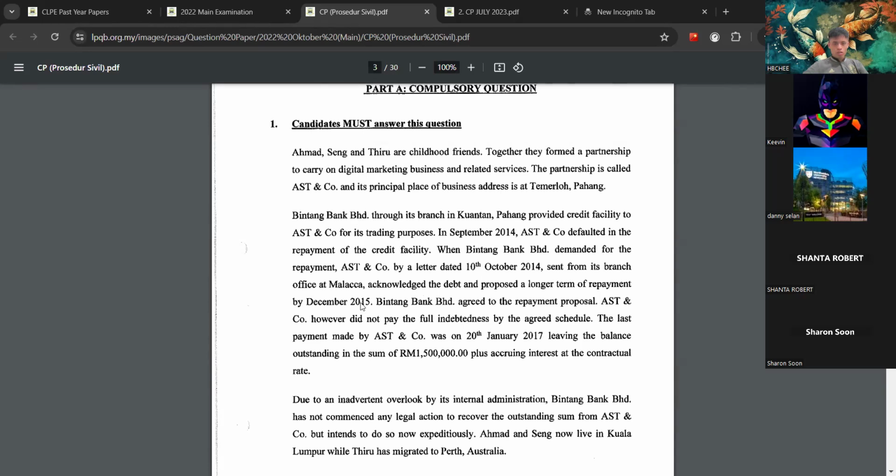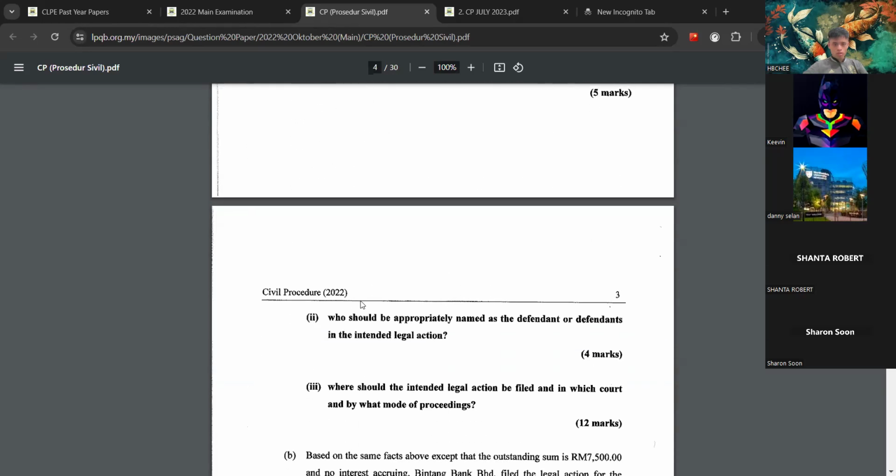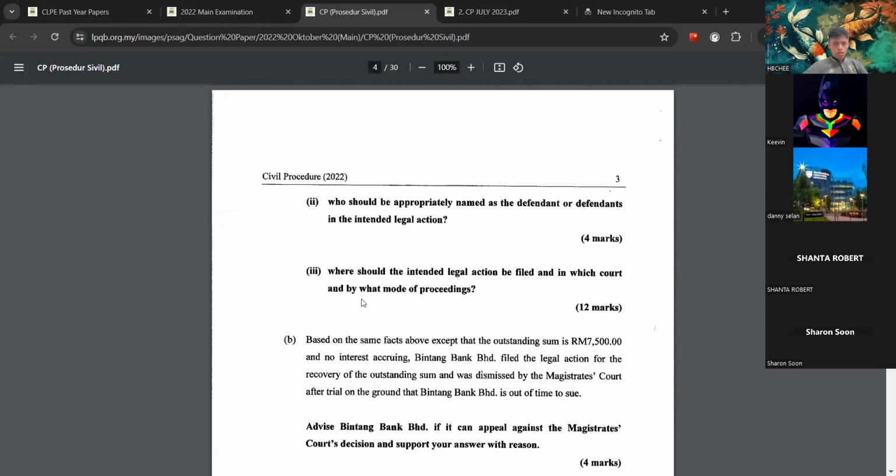According to Order 77 Rule 1, you can either name the individual partners or sue the name of the firm. But for us to serve the documents more easily, we will go against the firm.